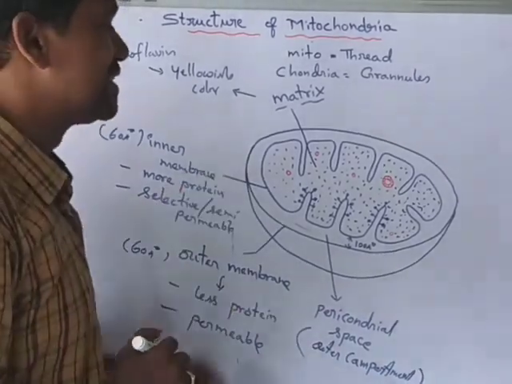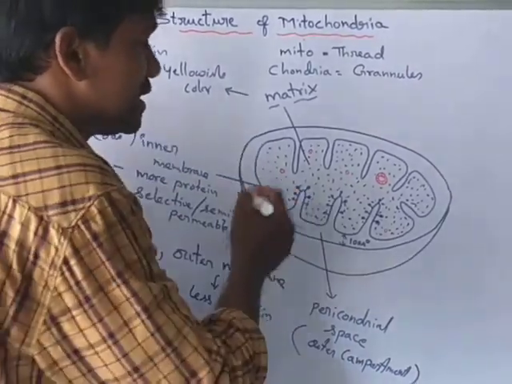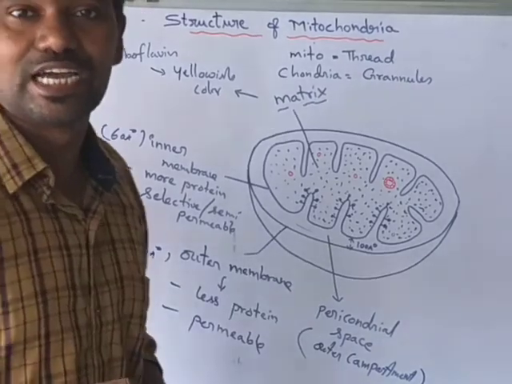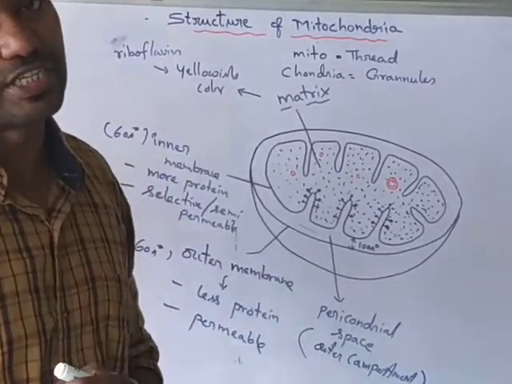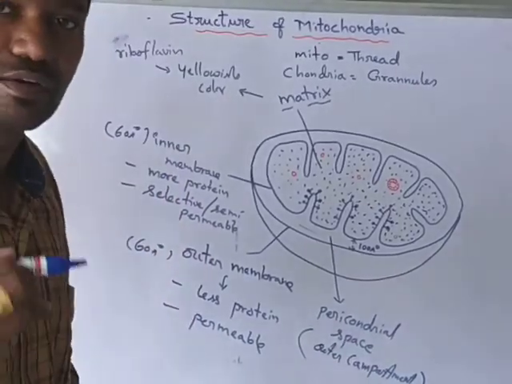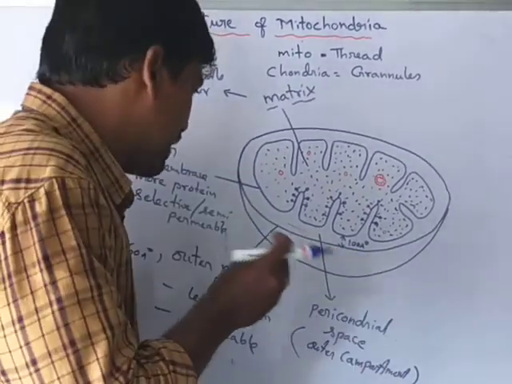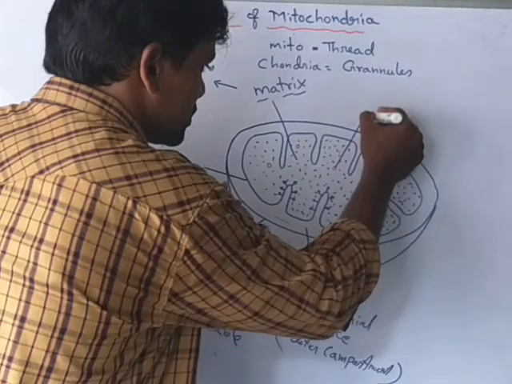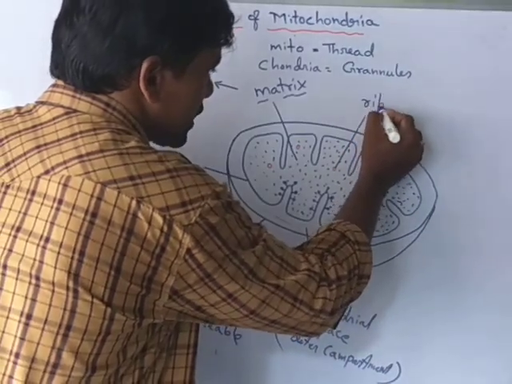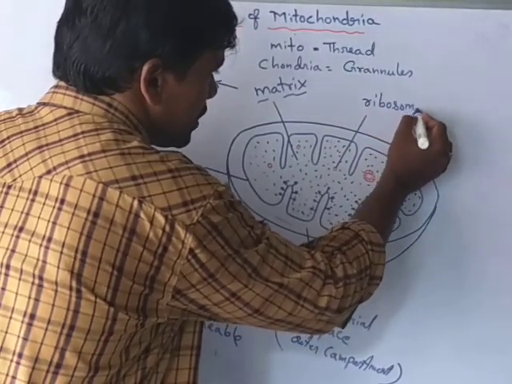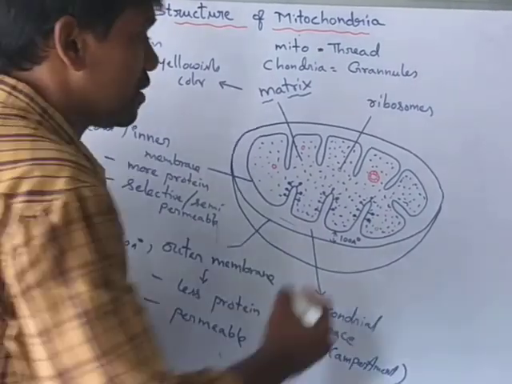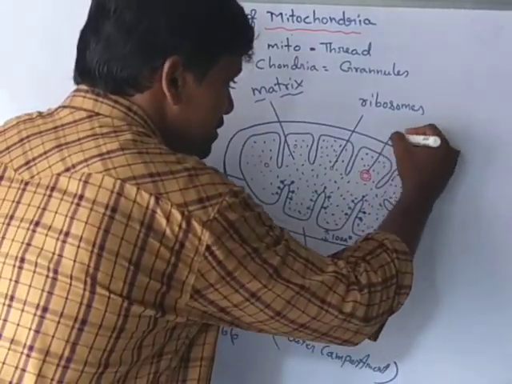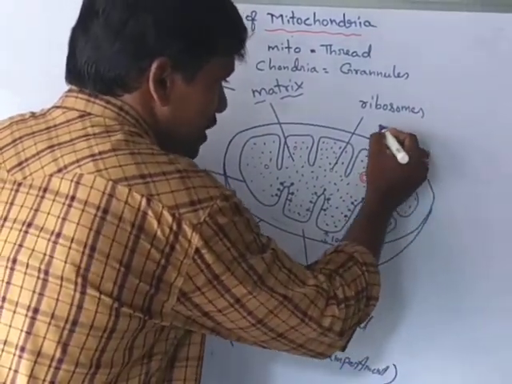The matrix contains many enzymes for cellular respiration. It also contains ribosomes, and another structure called circular DNA.